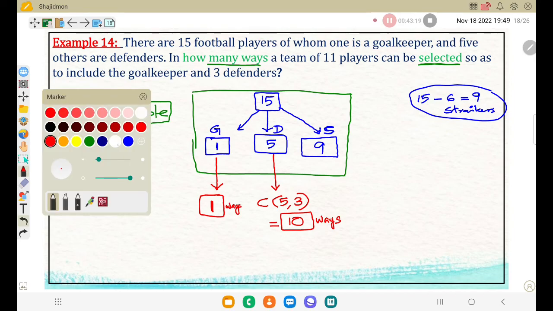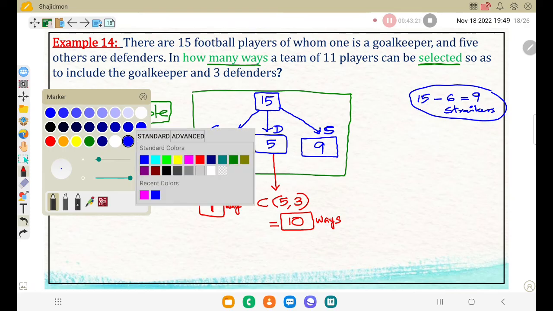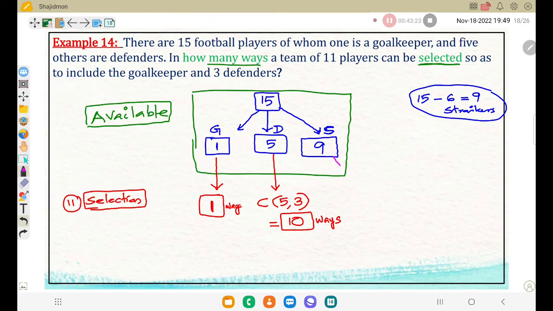Now I am going to the third option. What is the third option? I want to select normal players now. How many normal players are needed? Because see, 3 defenders we already selected, and 1 goalkeeper, correct? So 1 goalkeeper I selected plus 3 defenders already selected. So how many strikers are needed now? You can check, 3 plus 1, that is 4, correct? So 11 minus 4 means 7 strikers are needed.